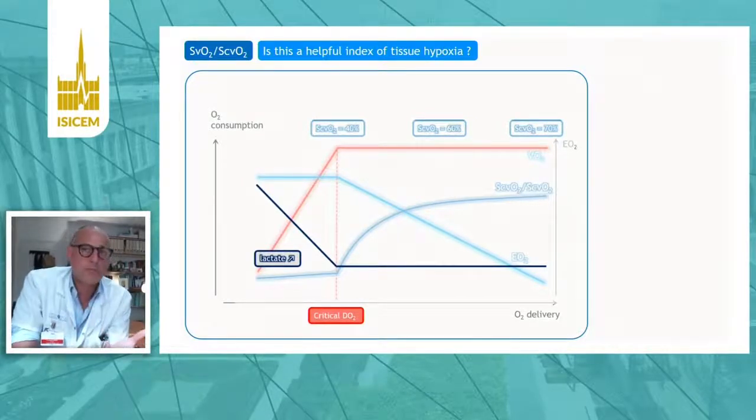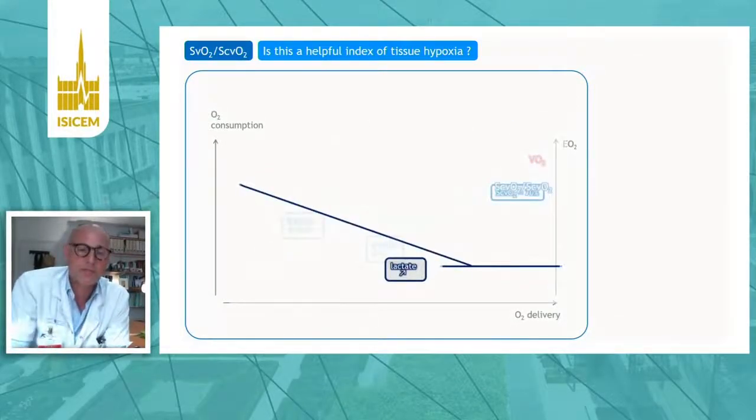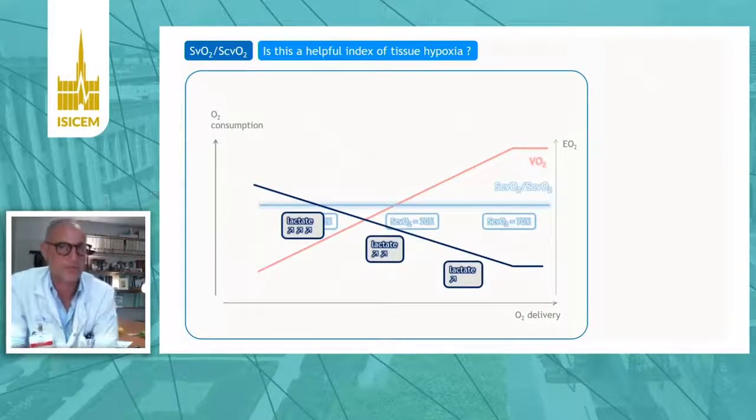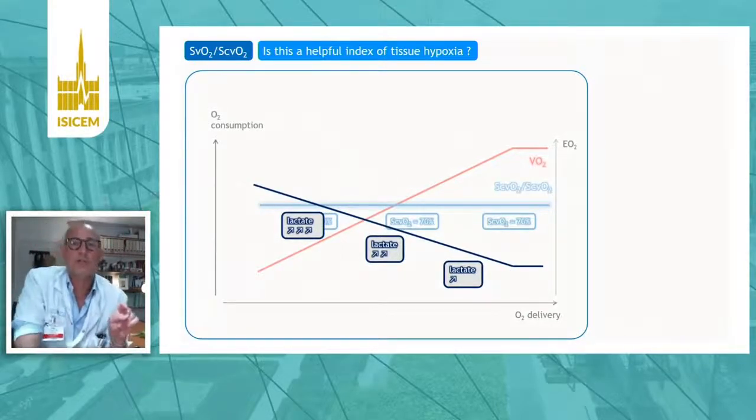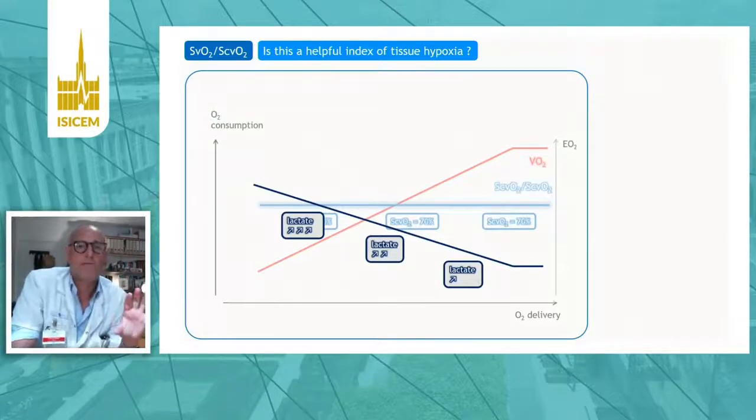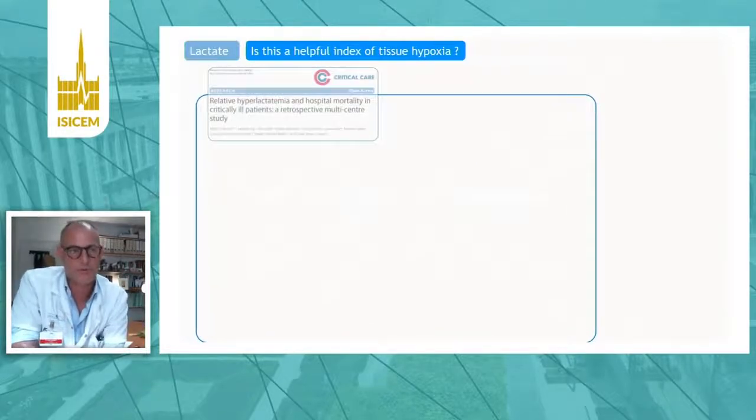When anaerobic metabolism appears, the oxidative phosphorylation stops and immediately lactate increases. It is true in case of non-septic circulatory failure, but also in case of septic shock. And in such cases, the level of lactate tells you the severity of tissue hypoxia in spite of normal values of SVO2.